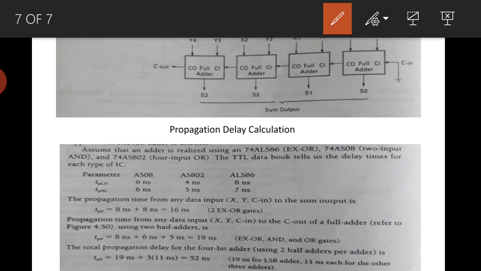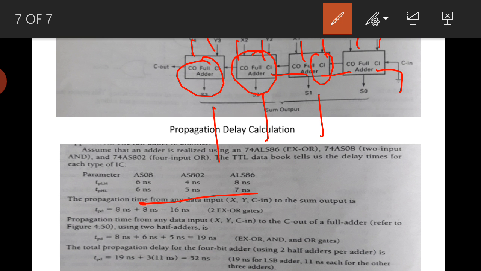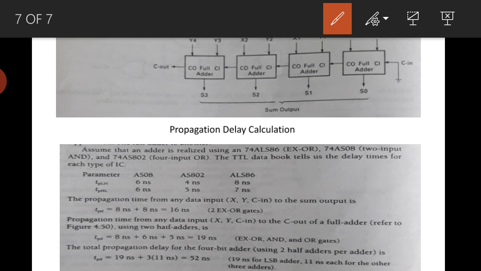This will be more clear when we draw the circuit individually and put these values in. At a time we are applying all the values, but it depends on when the carry will come, and after that the next stage is calculated.